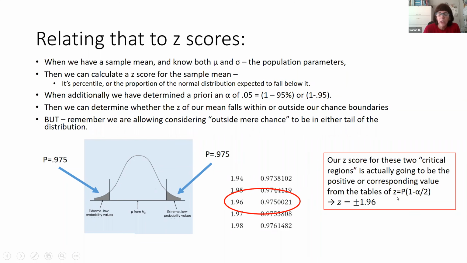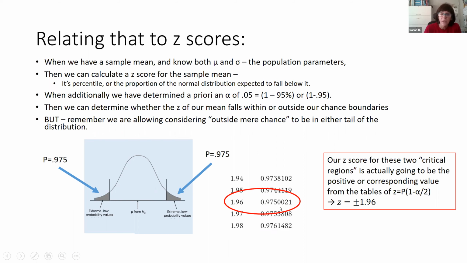So that's why you talk about z as the probability of 1 minus alpha over 2, because alpha is actually split between the two tails. And those are called the critical region. And the z that corresponds to that probability is called a critical z. And it's positive or negative.